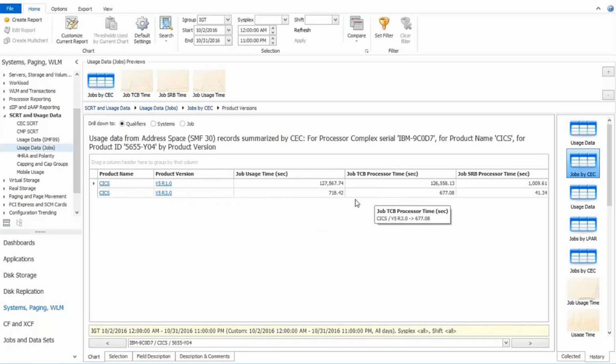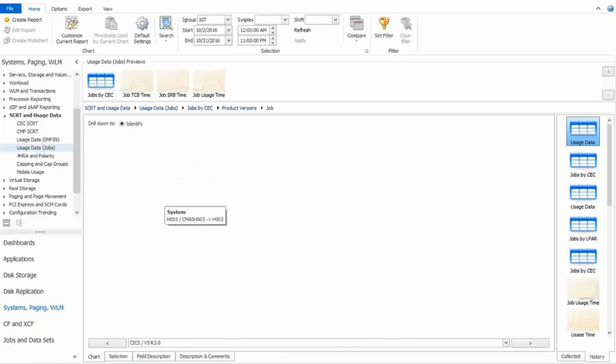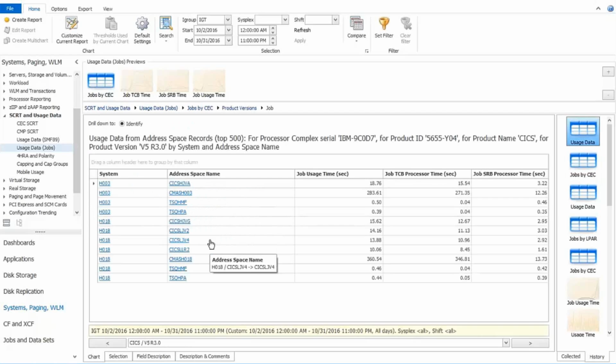So here we see in this example a very small amount of use for CICS version 5.3, and we could drill into that by job and see which jobs on each system are using that particular version. So in this case, it's identifying the progress of a migration, or in another scenario, it could identify stragglers still executing the old version of a product.